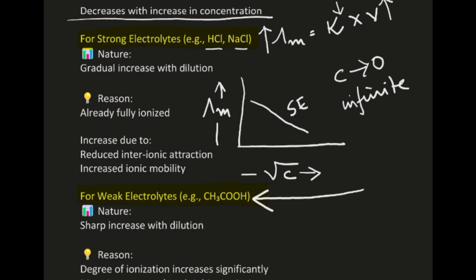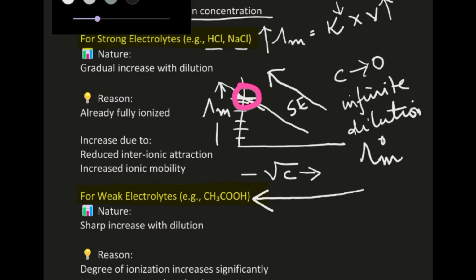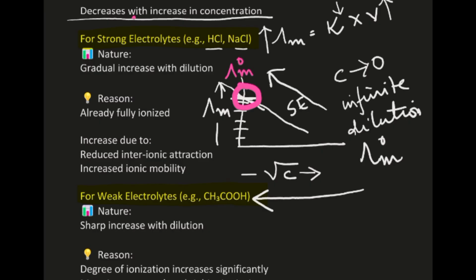That is denoted by lambda m naught, the molar conductivity at infinite dilution. So here, if I decrease the concentration, the plot goes up, right? The value goes on increasing till this point where it meets the lambda m axis, where concentration becomes 0, and this is the point which we call lambda m naught, the limiting molar conductivity.